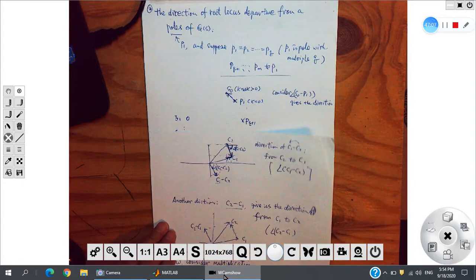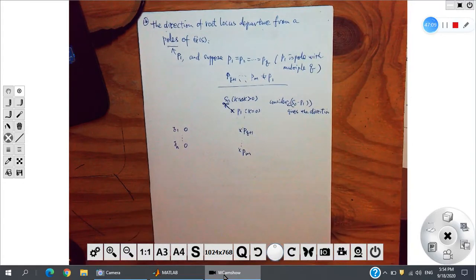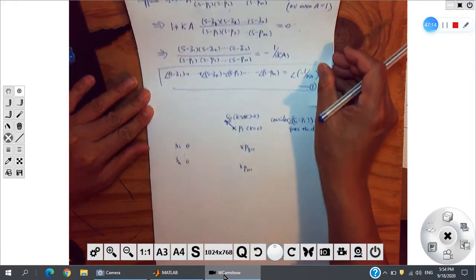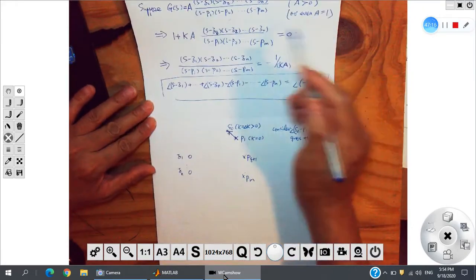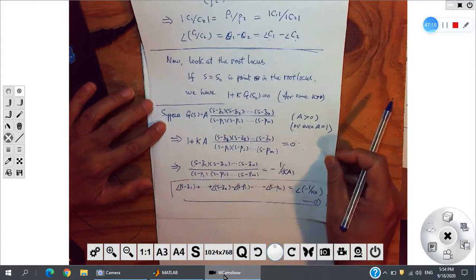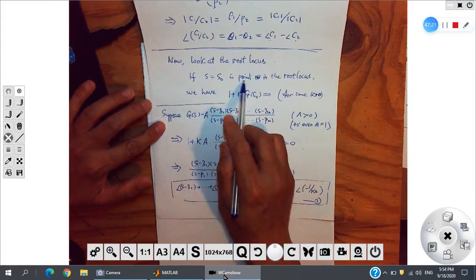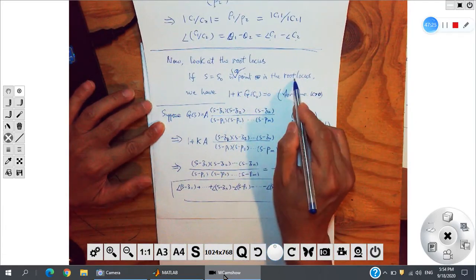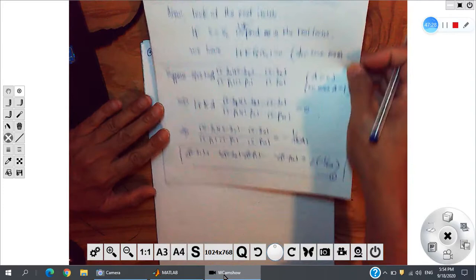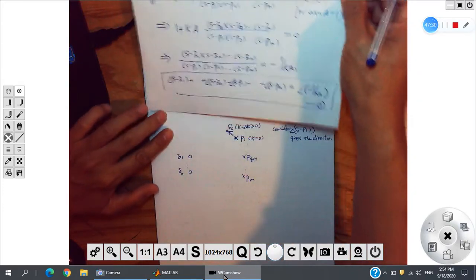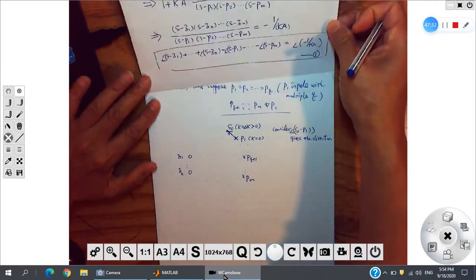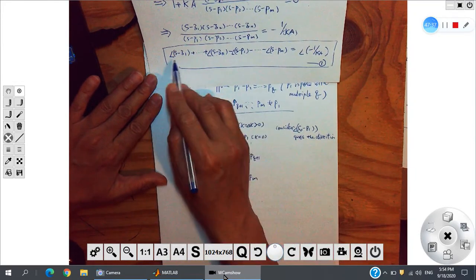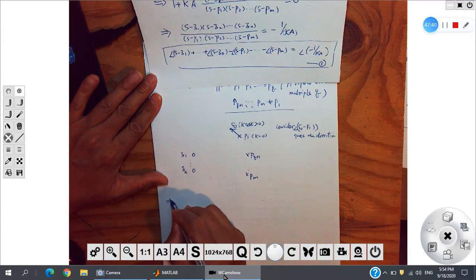Alright, now we apply equation 1. S0 is a point in the root locus.